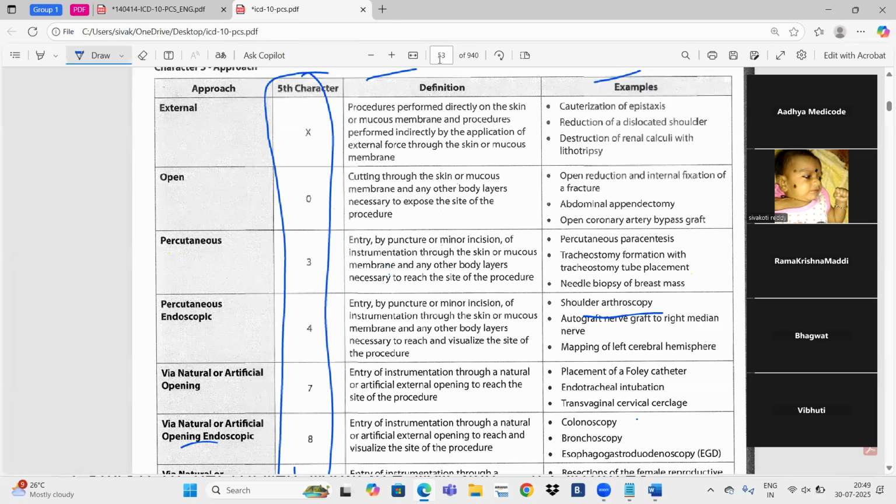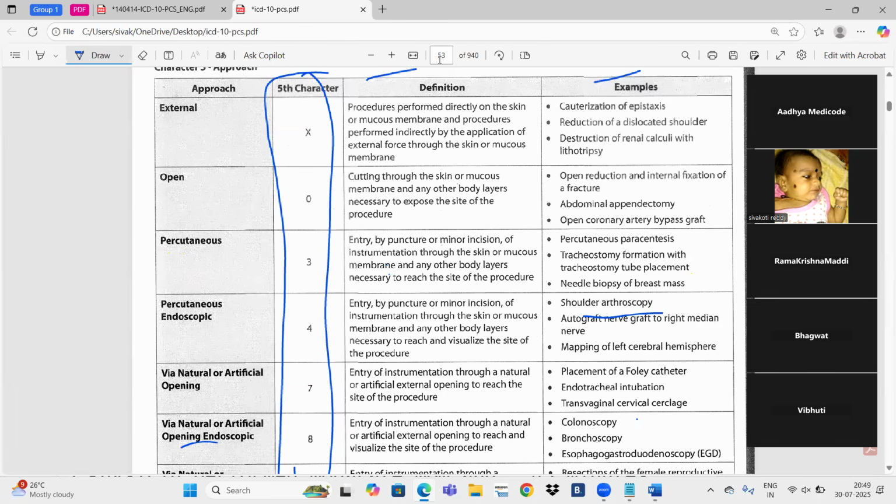Sometimes for minor fractures, they will apply some external pressure, like a cemented cast, plaster of Paris cast, or splint, and they will set the bone, correct? Same if a patient has skin level repair, a laceration on the skin, they will simply suture the skin. The skin was cut, they will simply suture the skin.